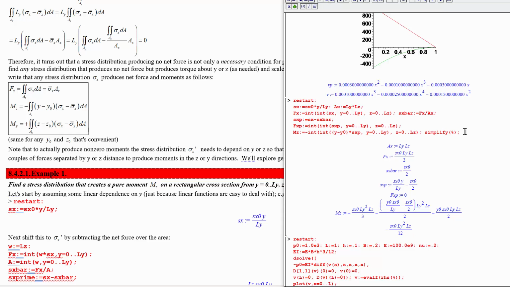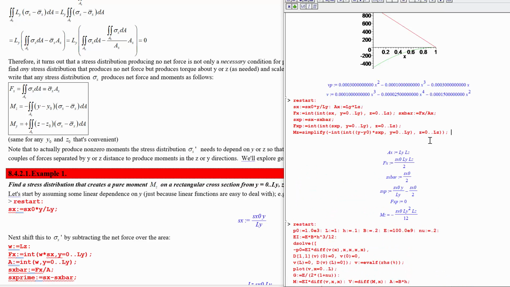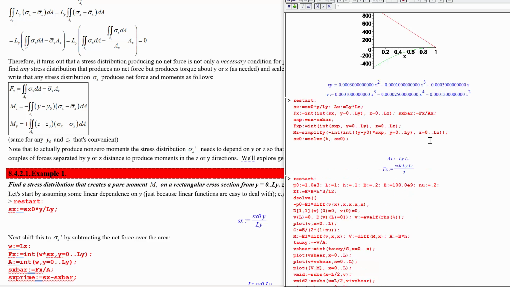Okay then, what we're often interested in doing is rewriting this to get some expression for what the stress would need to be to produce the moment that we're looking for. So we could solve, maybe we'll get rid of this thing. We'll say that the moment is equal to simplify of this. And then we'll say that Sx naught is equal to solve that thing for Sx naught.